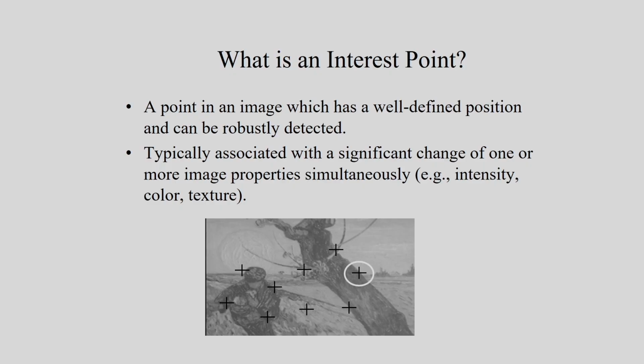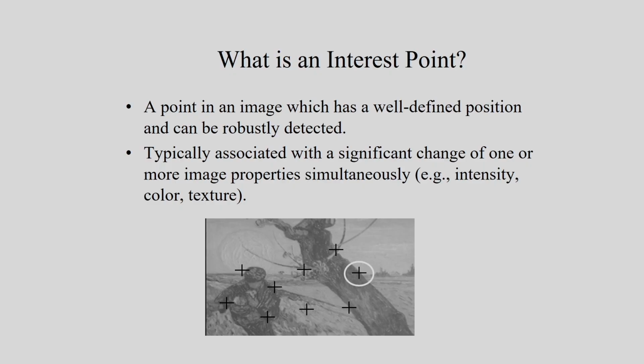So let us see the concept of interest points and how to detect them. With the help of interest points, we can match two images to find the correspondence between the two images.